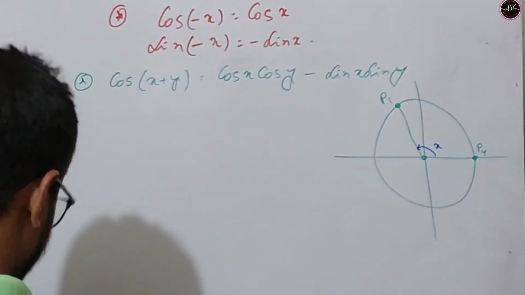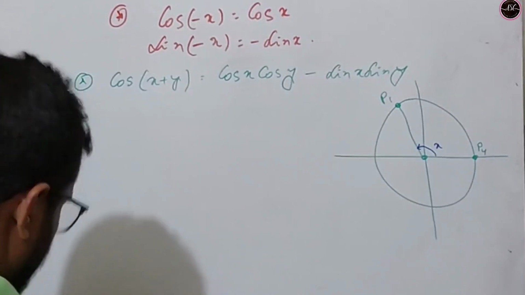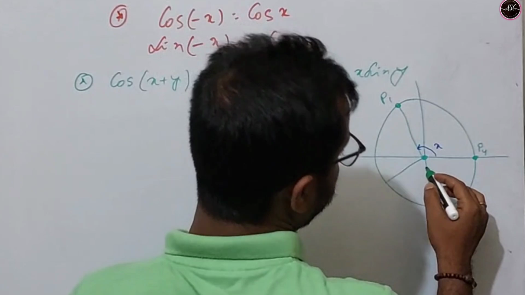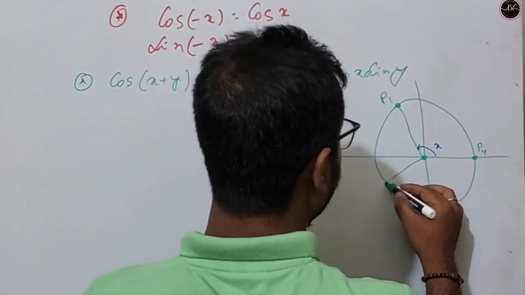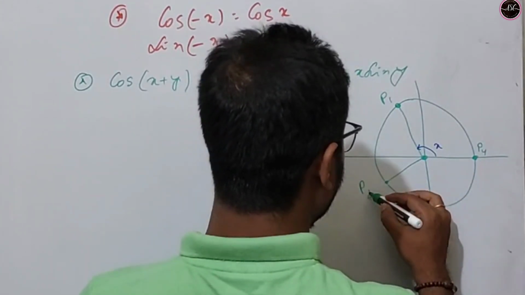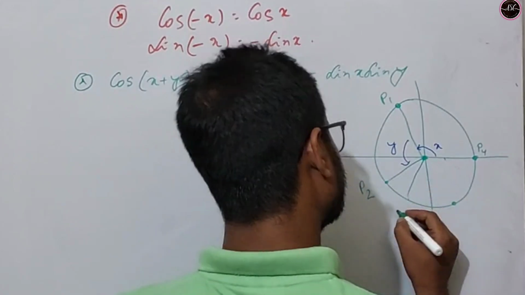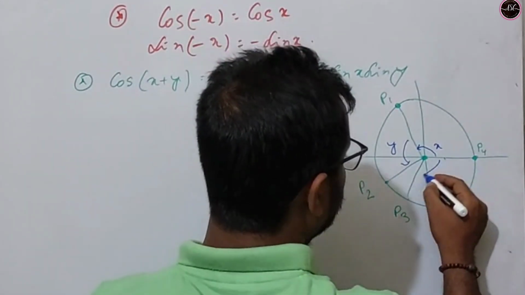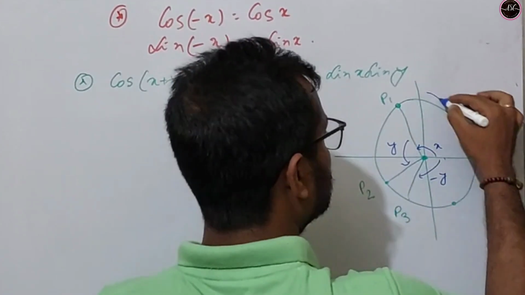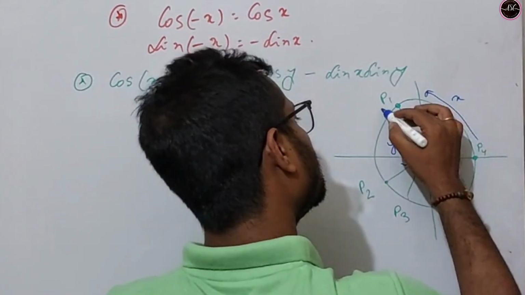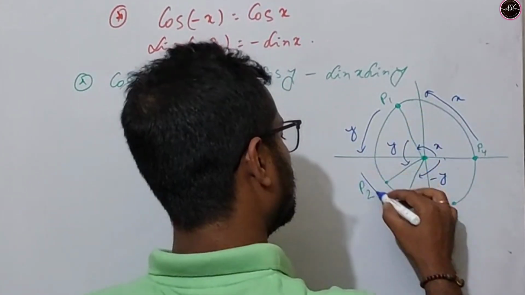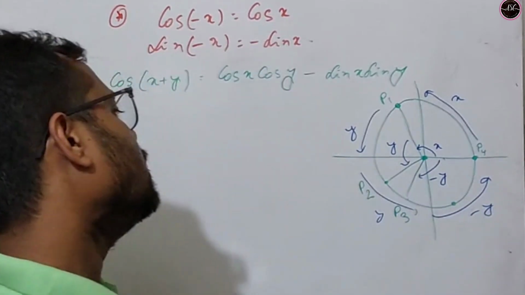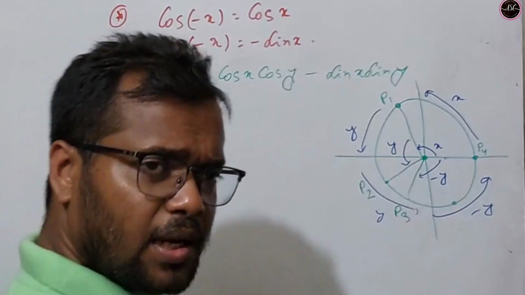Then there is another angle y, and here the point is P2. This angle is minus y, that means here is rotation y, and here is minus y. Then this is a unit circle.